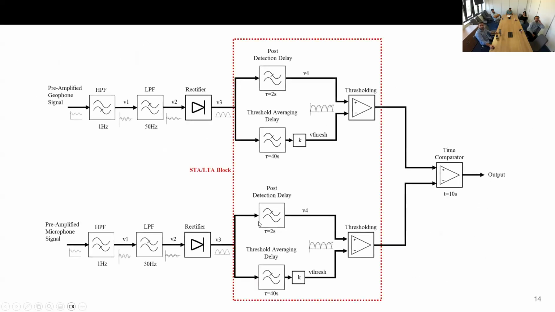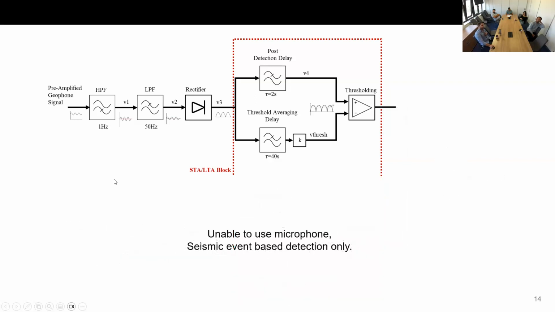And for the trigger, we initially aimed for the system to be triggered by both the seismic signal, which we acquired through a geophone, and the sound signal from a microphone. But then we realized that it's not that easy to have a microphone for such low frequencies.